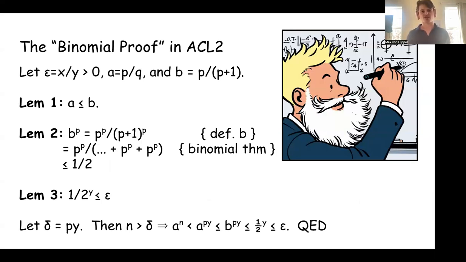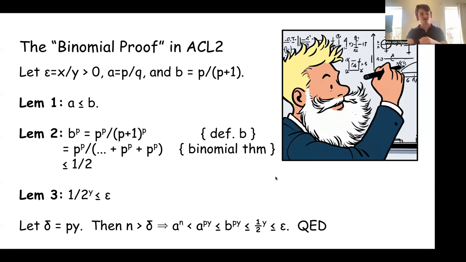In this case, I'm going to say epsilon and a are both rational numbers. So let's say epsilon equals x over y and a equals p over q. These are just new variables I've come up with for the normal form of the rationals. And I'm going to come up with a new value, b, which is going to be p over p plus 1.